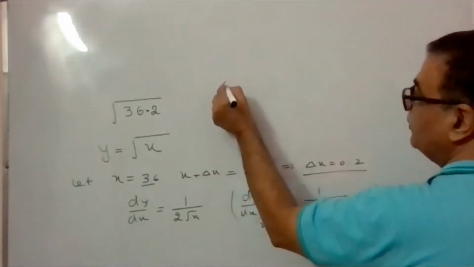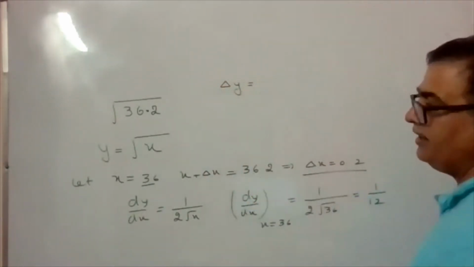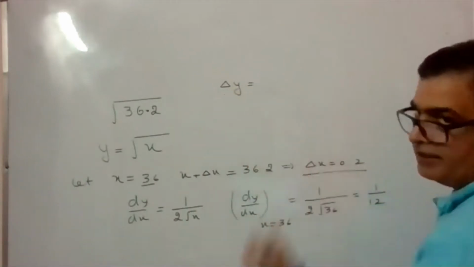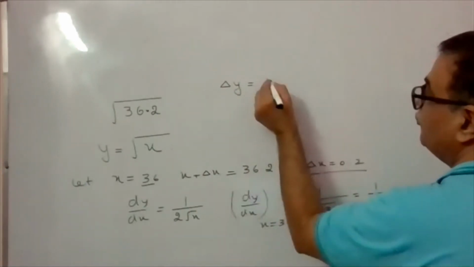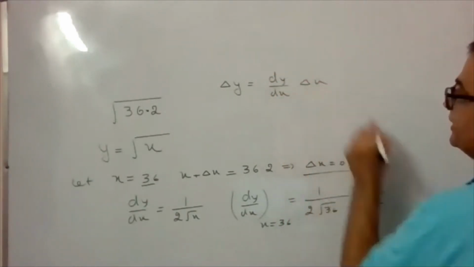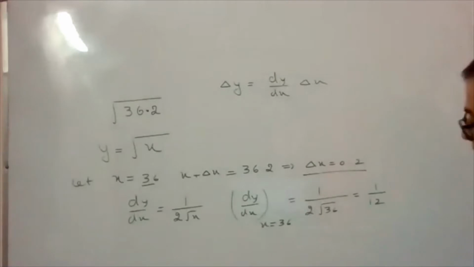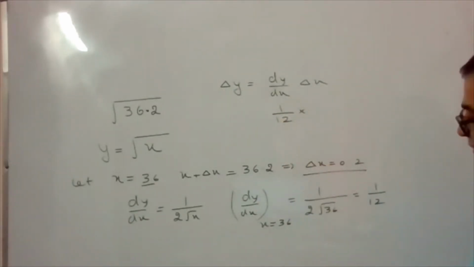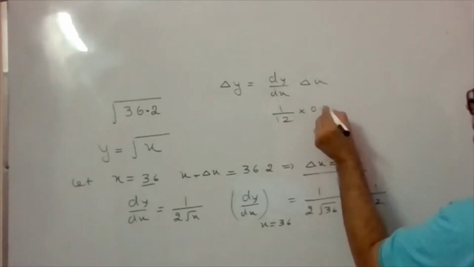And then, what is the error in y? You have created an error of 0.2 in x. What is the error in y? The formula I already told you: dy by dx into delta x. dy by dx we got 1 by 12, and delta x is 0.2.